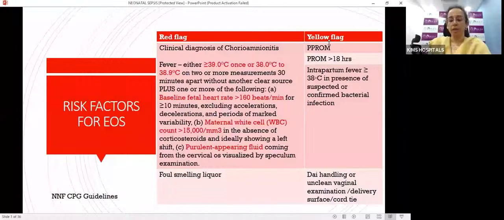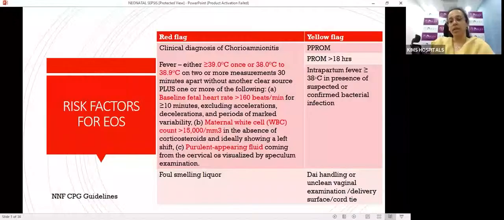That is, baseline fetal heart rate more than 160 beats per minute for more than 10 minutes, maternal white cell count more than 15,000 per mm cubed, and purulent appearing fluid coming from the cervical os when examined by visual speculum examination. Either this sign or any foul smelling liquor is taken as a red flag sign in the mother.